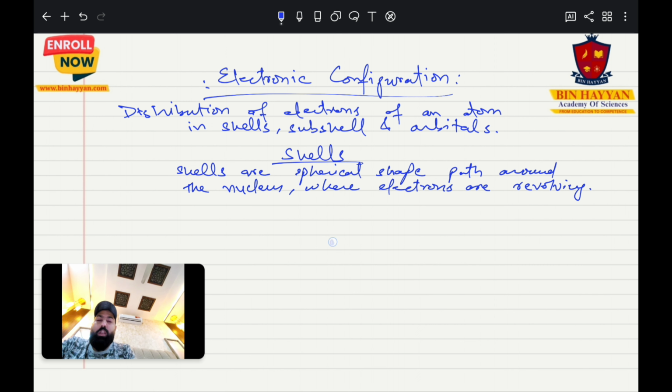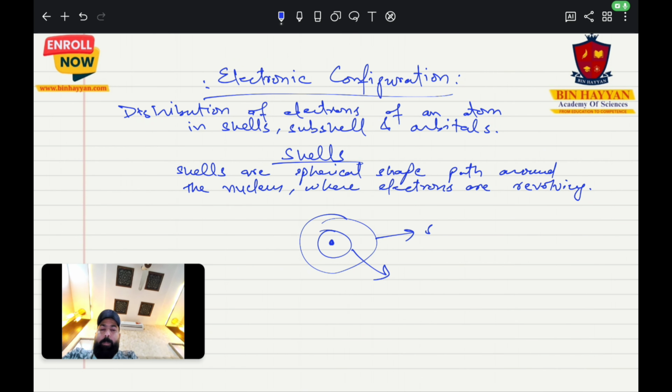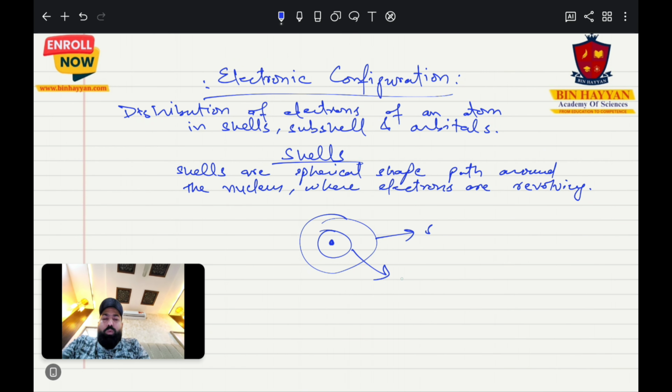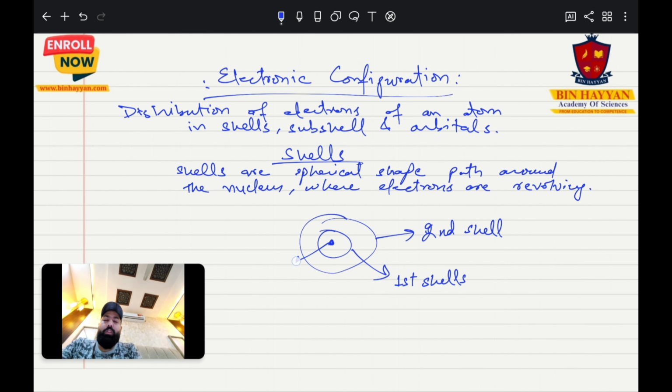Suppose this is the nucleus in the center and the circular or spherical shape around the nucleus. The nearest one is the first shell, and so on. This is the second shell. This is the nucleus. These are the shells.